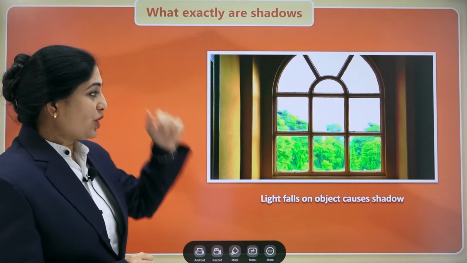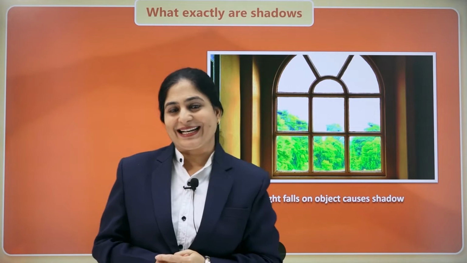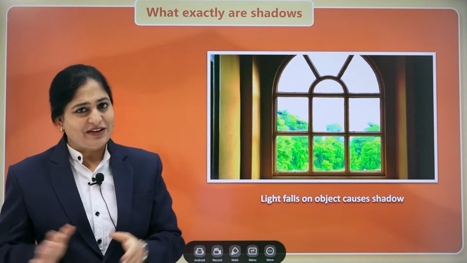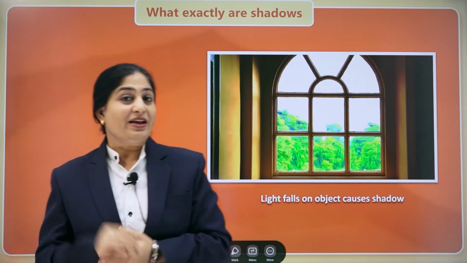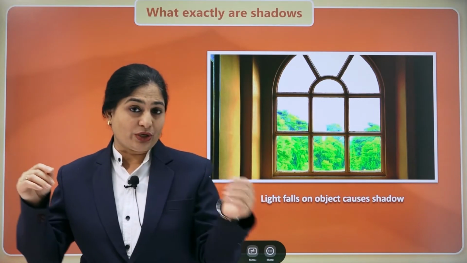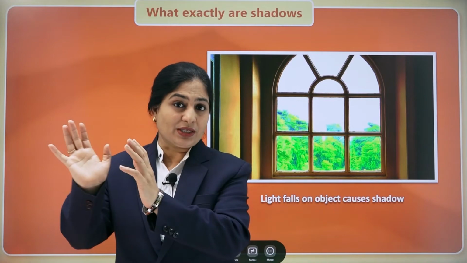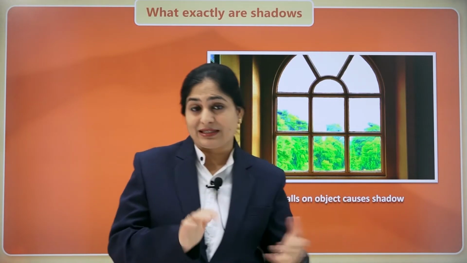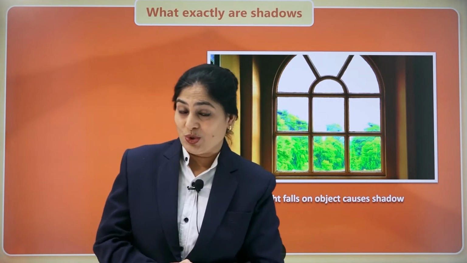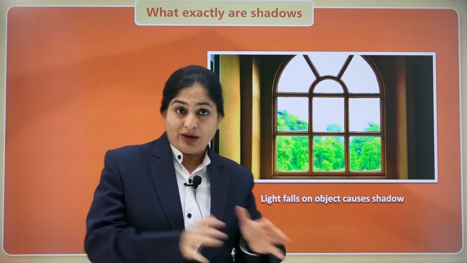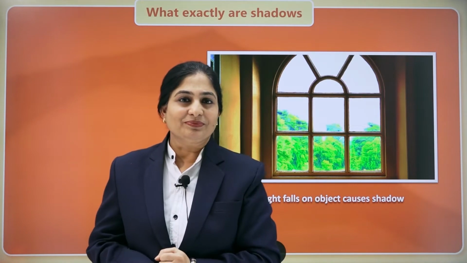Let us see further what will happen. We'll talk about shadows. What exactly are shadows? You must have seen shadows and tried to make different types of shadow images, taking your hands or your paper or your copy near the source of light, and you see some image. Even during assembly in the morning in school, when light falls on you, you can find an image on the ground. What is this?